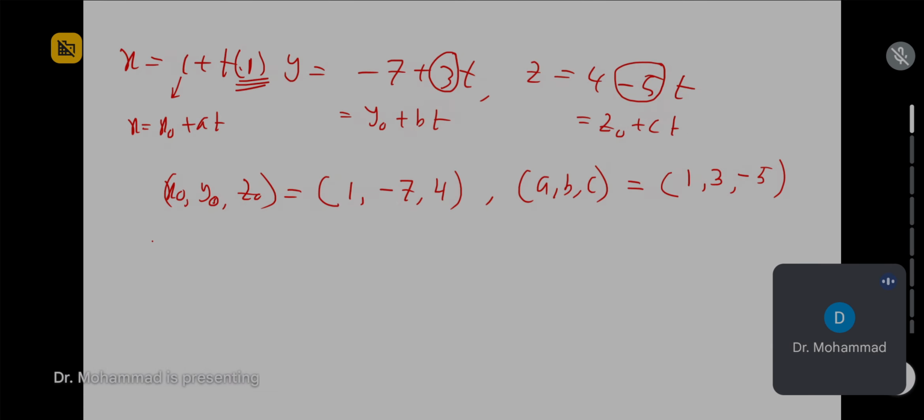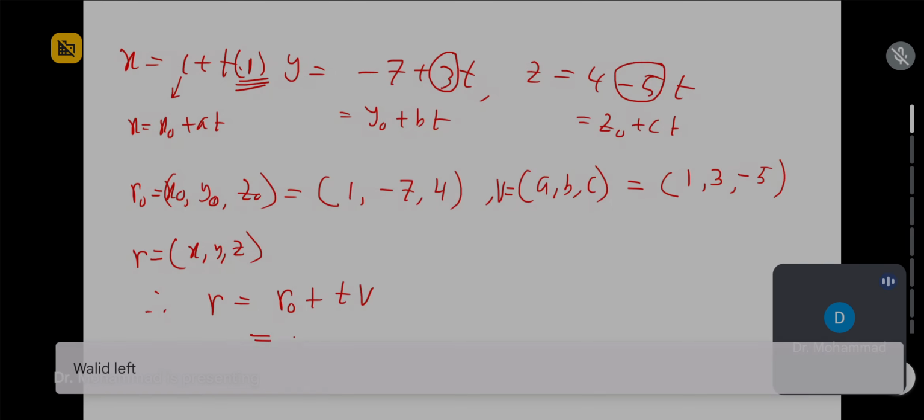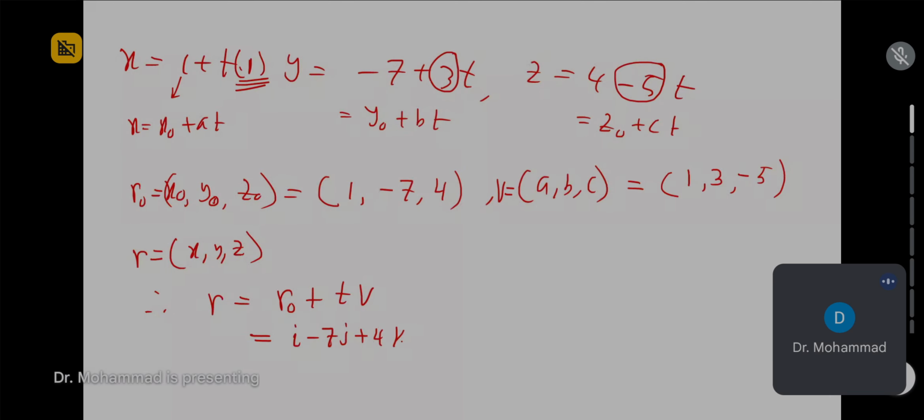So just now write, this is our XYZ, and that is our R. This is our R naught, and this is our V. So we can write R equals R naught plus tV, and what is our R naught? I minus 7J plus 4K, and t, what is our V?